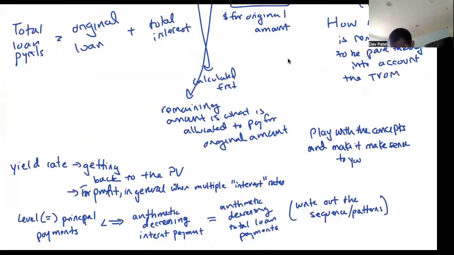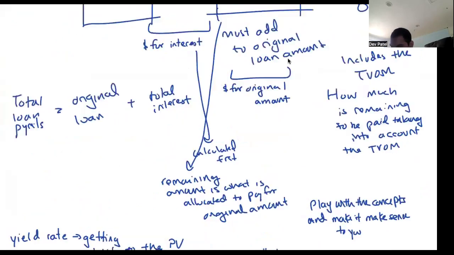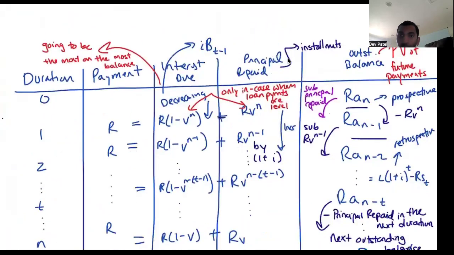So that's that. If you have non-level payments, then it's possible that a problem could say you have level principal repayments, so these are actually the same. Now, in this case, these are not the same. We know that the payments are fixed, and as a result, the principal repayments are not fixed.